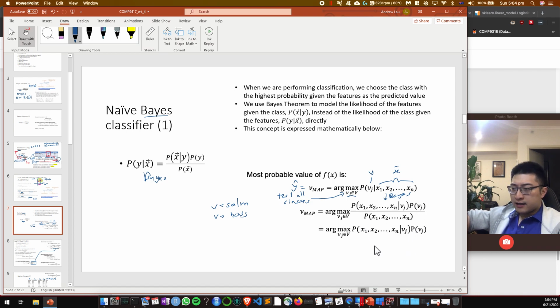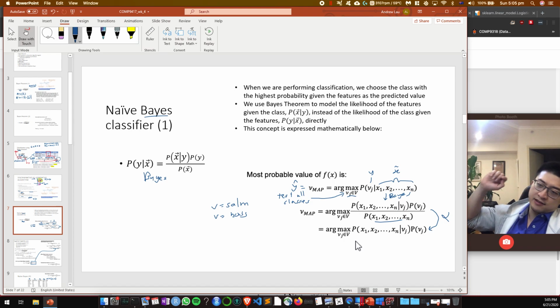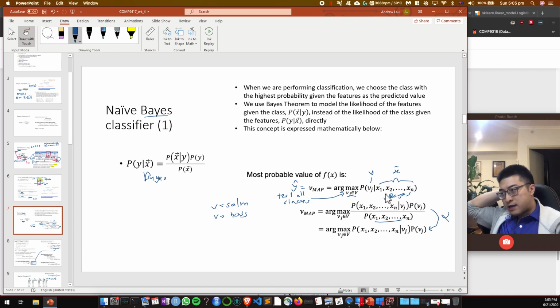What we want to do is just take the maximum. These two are proportional to each other, so going from here to here, it's proportional, which is why the argmax is the same, because you just have this factor here, which is a proportionality constant. It's the same maximum. Cool. So that's just Bayes again.